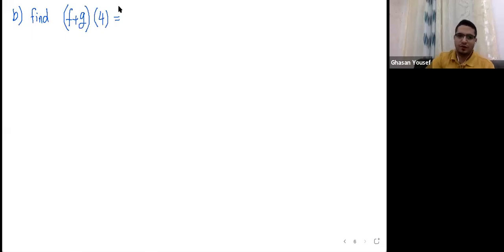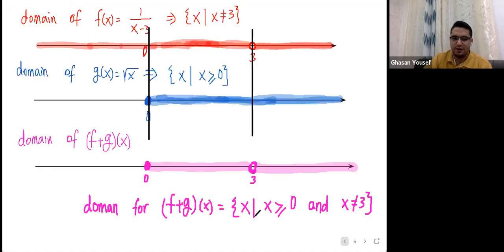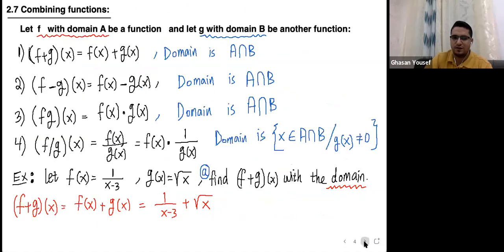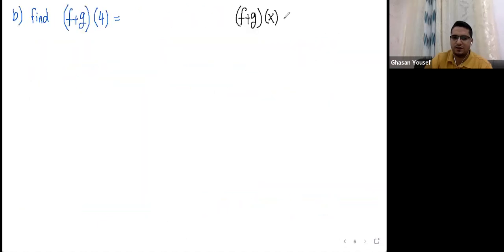Before we do this one, I know f plus g of x from the previous slide is equal to 1 over x minus 3 plus the square root of x.